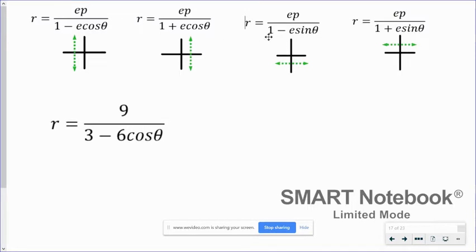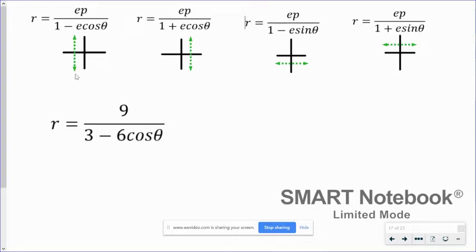But the most important thing, if I'm in polar form, is to recognize that all four of these equations call for this constant of 1 to be there. So let's say I was given a polar equation and asked to graph it. My first issue with this is, number one, I look at it and I already see this, I see that, and I already know where the directrix is.